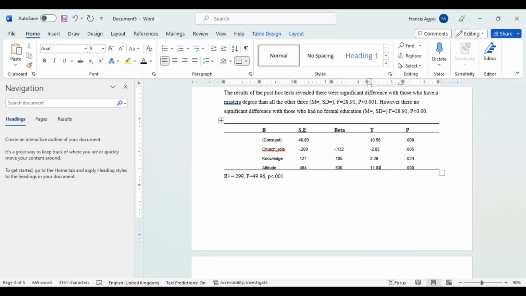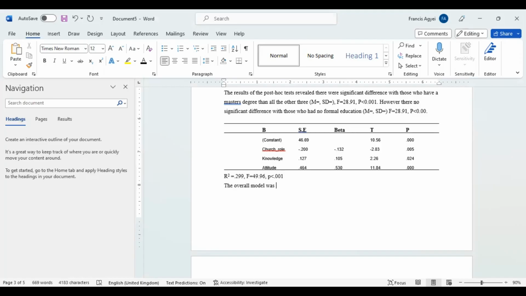Okay, so now let's interpret this table. This is how you are going to interpret this table. The overall model was significant.